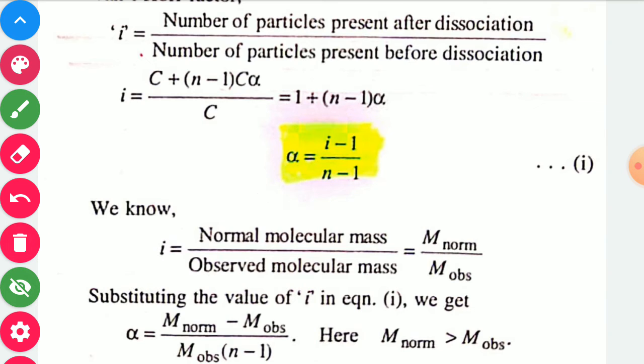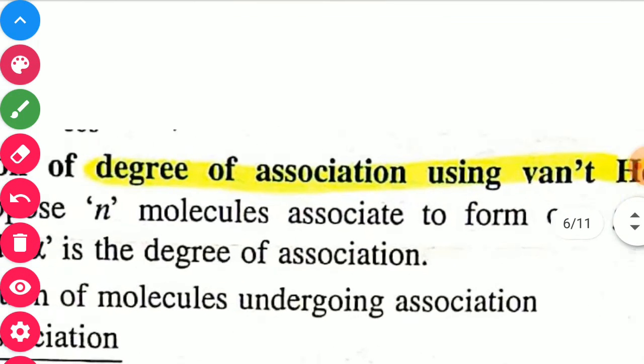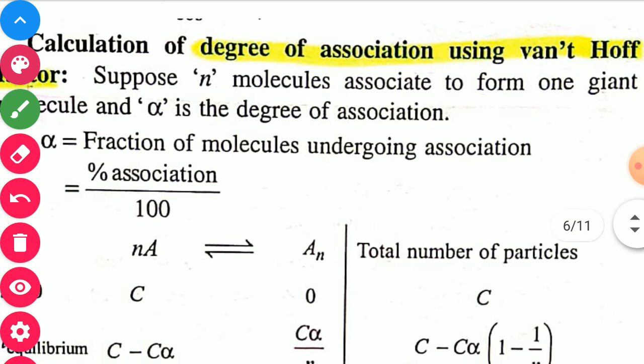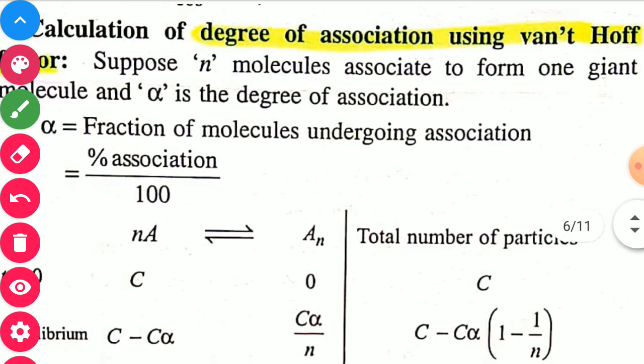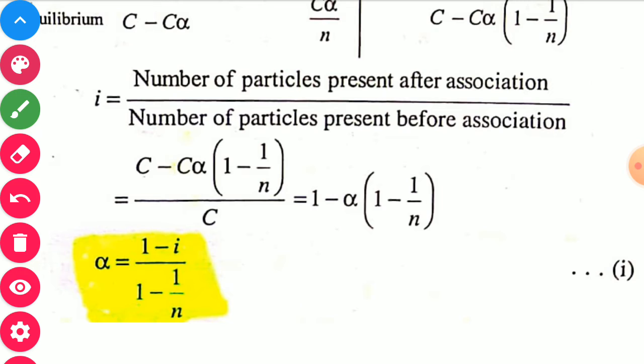But if association of solute particles takes place, at that time degree of association alpha is equal to 1 minus i upon 1 minus 1 upon n.